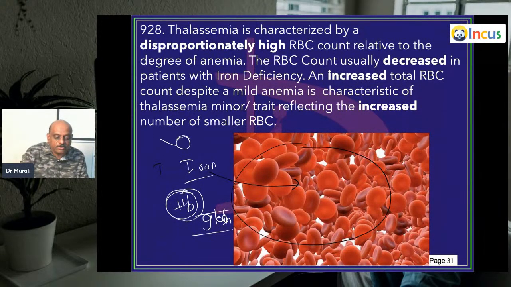So RBCs are all of smaller size. Whenever you are producing smaller laddus, you have to produce more laddus. That is the funda behind high RBC count in thalassemia. Okay, so that's a point you need to differentiate.